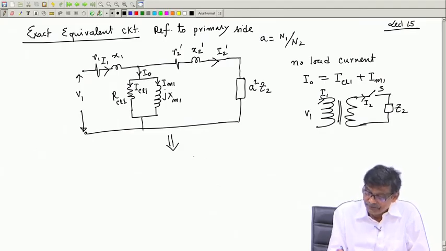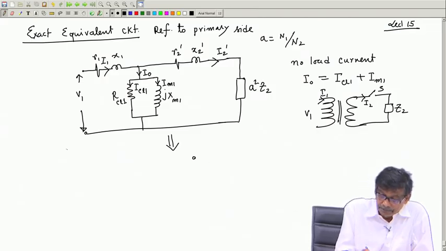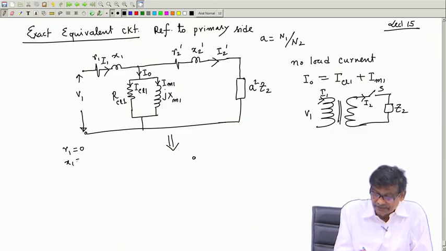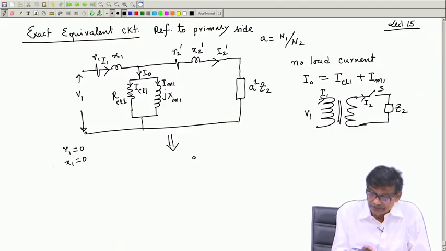In fact, from this you can easily get the equivalent circuit of an ideal transformer by making R1 equal to 0, X1 equal to 0, because no resistance, no leakage flux, no leakage reactance.